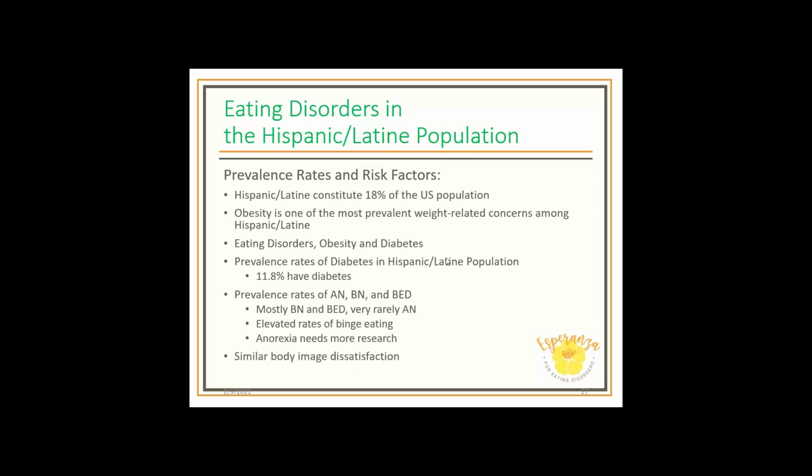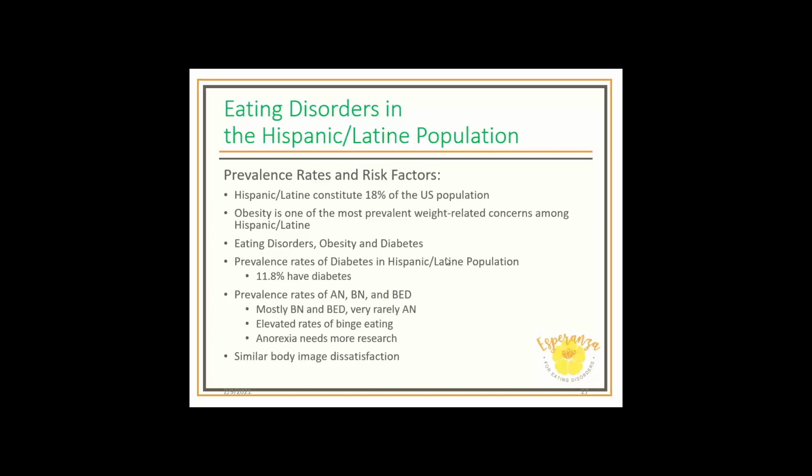And the prevalence rate of diabetes in the Hispanic Latina population is 11.8, or 12%, of that population has diabetes. And they have gotten such a bad rap. We know that this can be genetically transferred from one generation to another. Type 1 diabetes is part of this 12%.